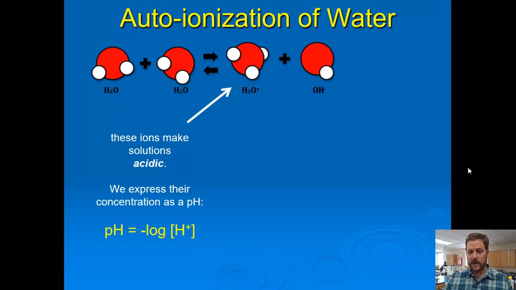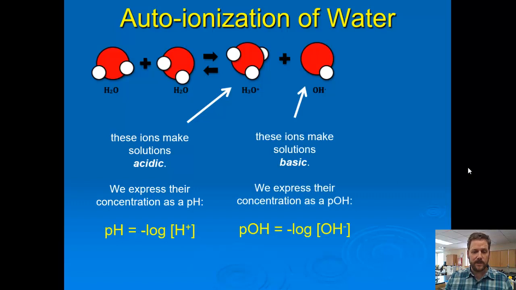If, on the other hand, there's more hydroxide than hydronium, the solution will be classified as basic. We can also calculate the concentration of hydroxide ions and derive a term called pOH. pOH is the negative log of hydroxide ions. The sum of pH and pOH will always be 14 for any solution.